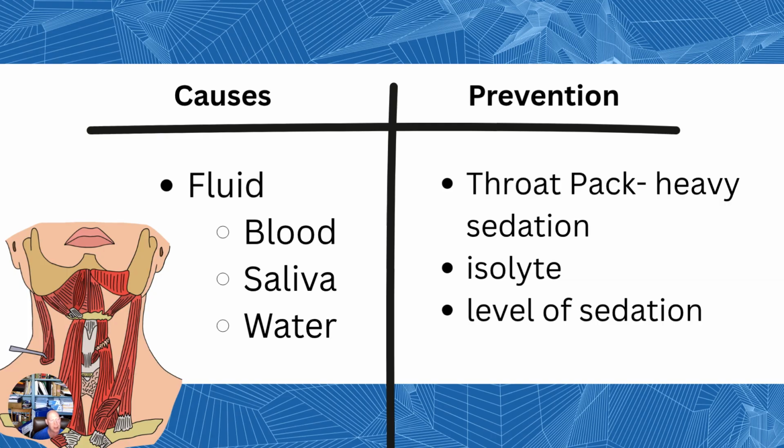In order to prevent this from happening while we're doing sedation, we will place a throat pack or use an isolite that can pick up secretions and fluids. And we will make sure that the level of sedation is light to moderate so that the patient can maintain their airway.